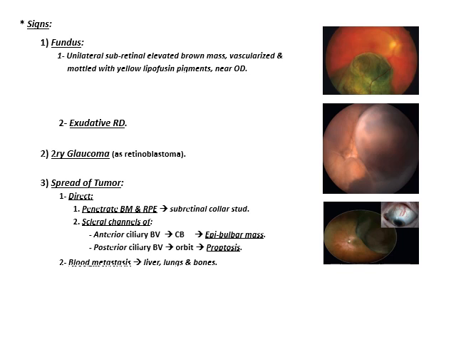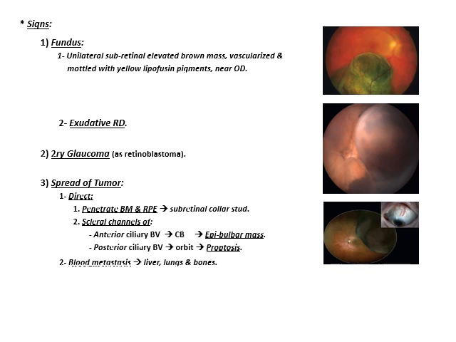Signs of choroidal melanoma: on fundus, I find a unilateral subretinal elevated brown mass, vascularized and mottled with yellow lipofuscin pigment, and it is usually near the optic disc. Or exudative retinal detachment. Number 2, secondary glaucoma, the causes are the same as in retinoblastoma. Or spread of the tumor, direct or blood metastasis.